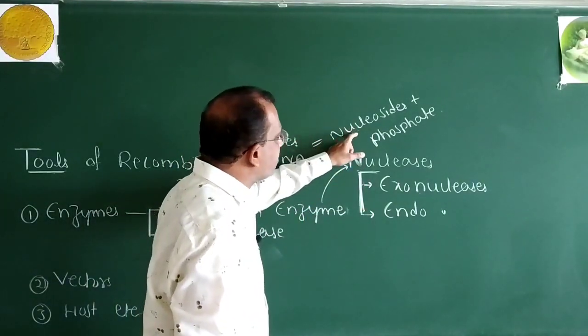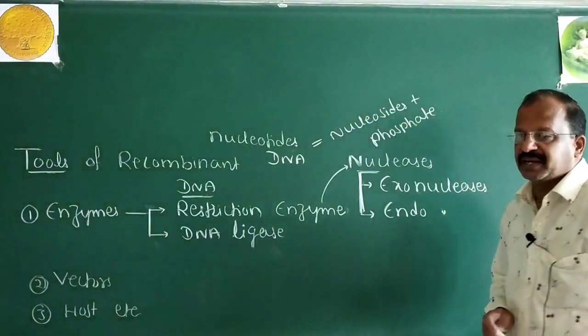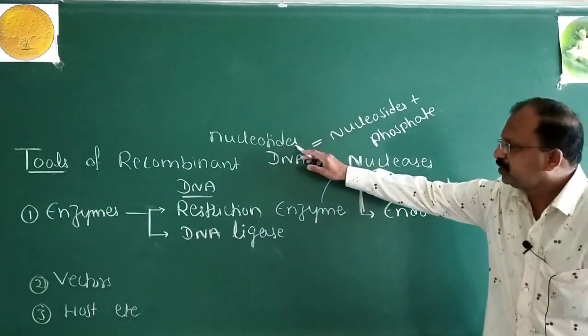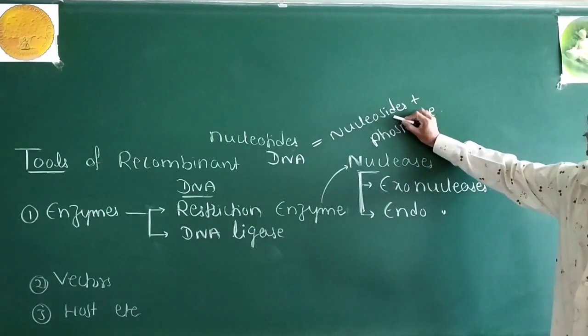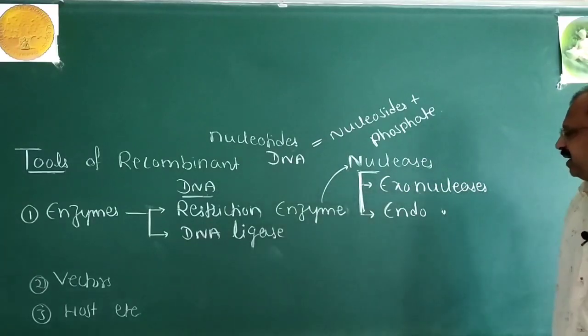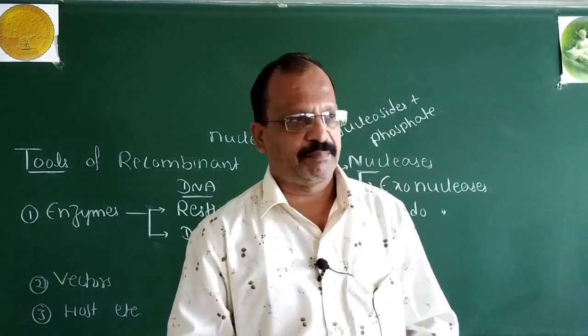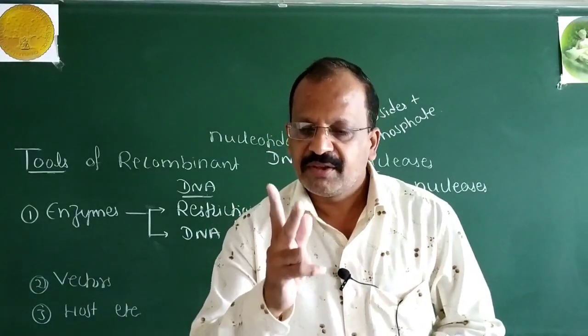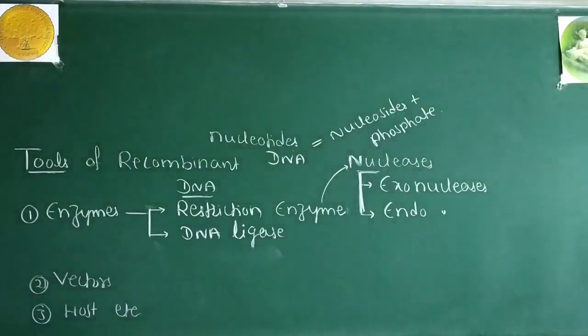Back to molecular basis of inheritance, nucleotide is equal to nucleoside plus phosphate. Nucleoside is equal to nitrogenous base plus pentose sugar. Okay. Second is endonucleases. They will cut the DNA. Now next matter.